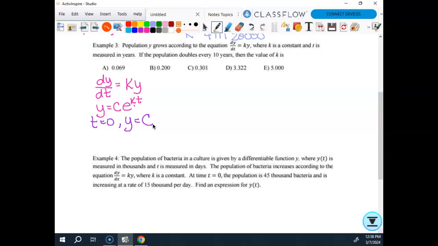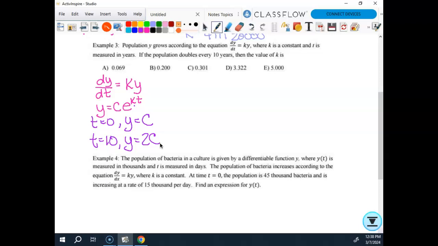But it says that the population doubles every 10 years. So if t equals 10, what does y equal? 2 times C, right? Do we agree with that?